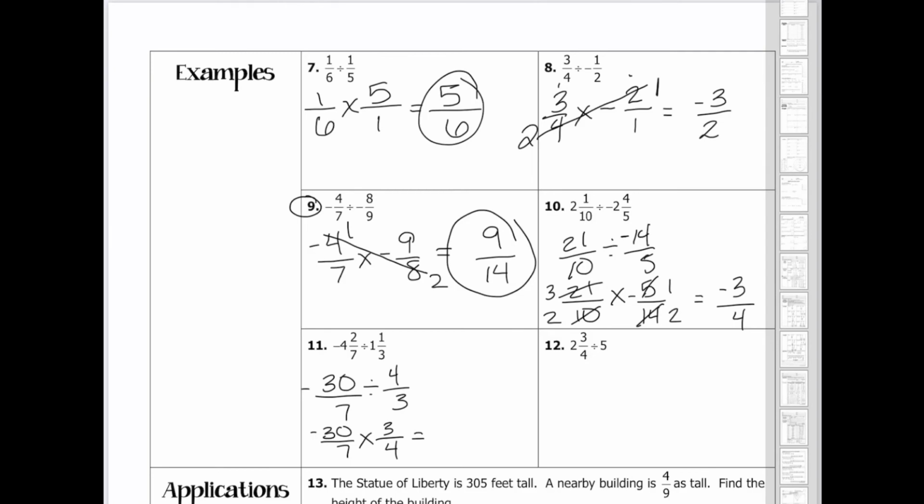I check out if I can do any simplifying. I can do this by 2 and this by 2, so this is negative 15. So then I get negative 45/14.